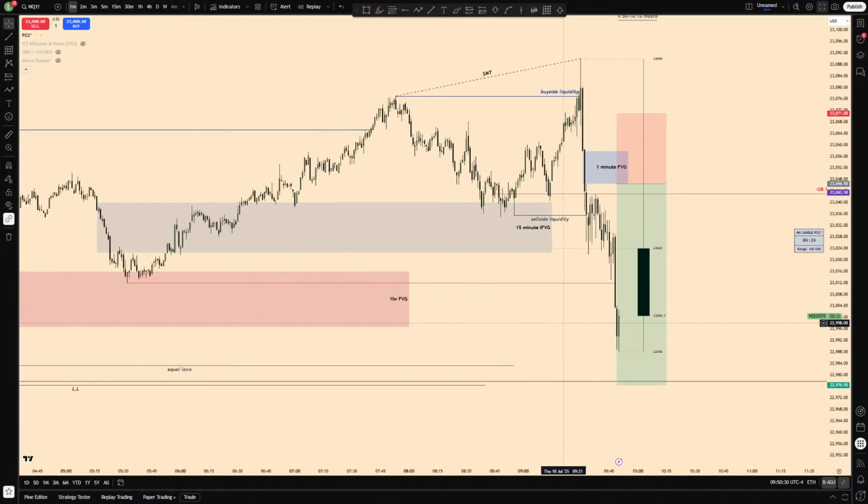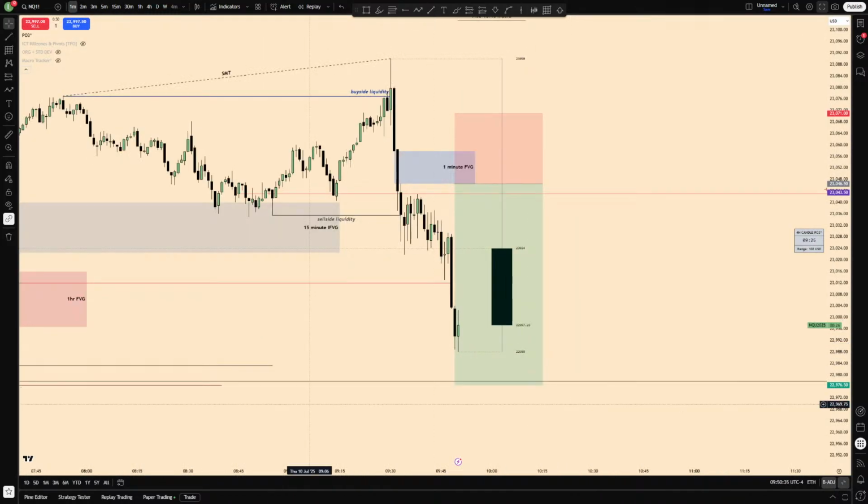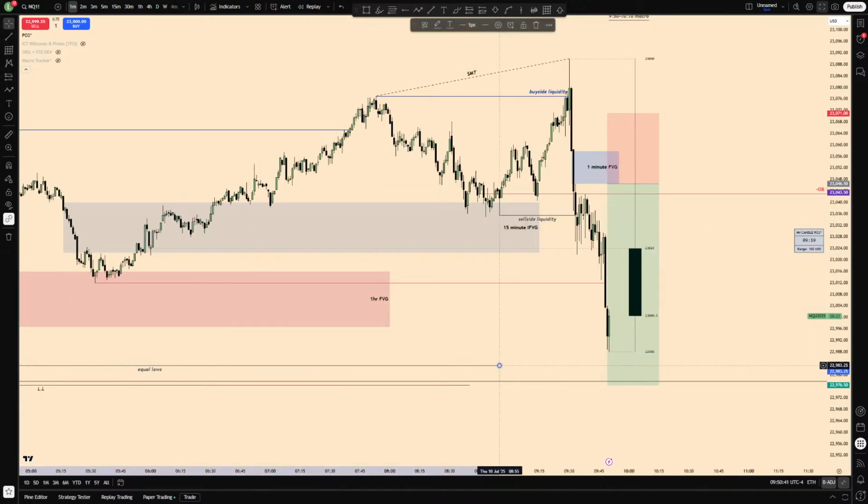I think any entry now is a late entry. With the delivery, they were sneaky with the consolidation at the equilibrium before it runs out the equal lows.